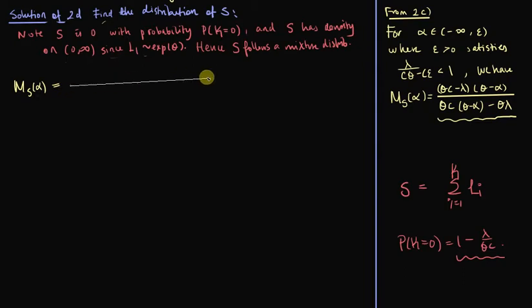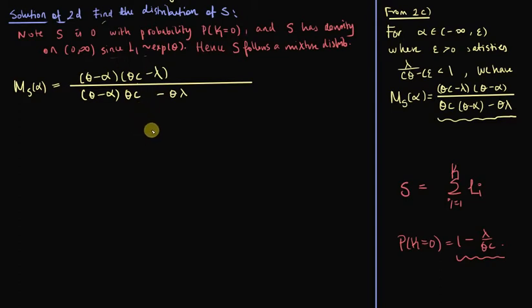This is equal to a fraction where in the numerator we have theta minus alpha multiplied by theta c minus lambda. And in the denominator down here, you also have theta minus alpha multiplied by theta c. However, there is no minus lambda because what you have afterwards is you subtract a theta lambda.